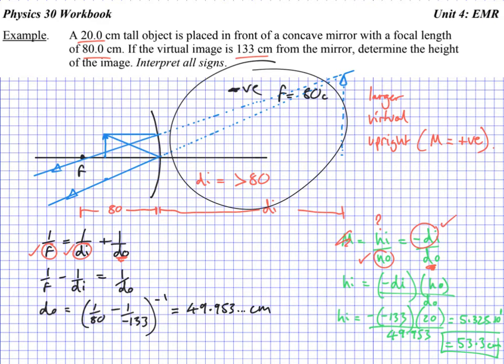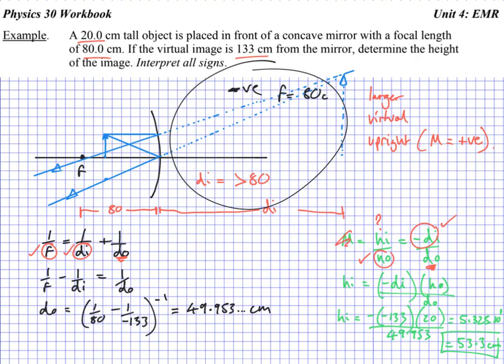Now let's just see if that kind of makes sense with my roughed in image. If this was 20 centimeters, over here now we have 20, 40, 60, like 70 odd, but remember that this was not very precise. I just guessed with this. So to me, 53 seems about right.